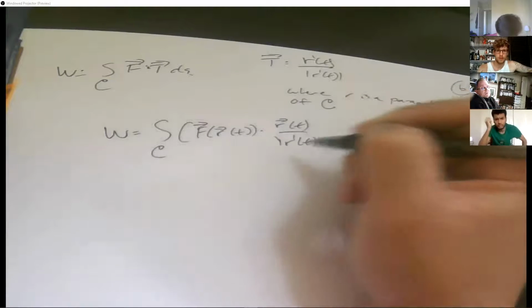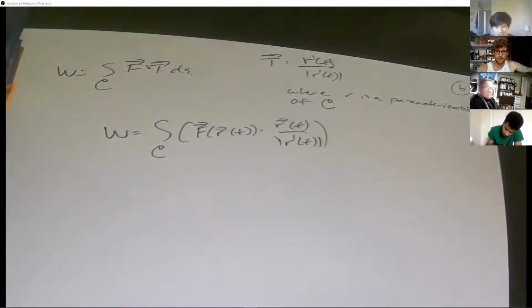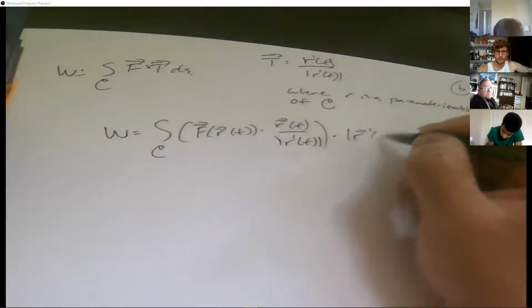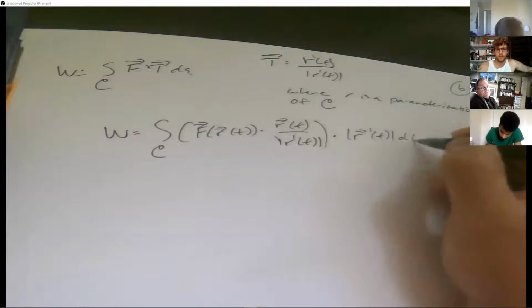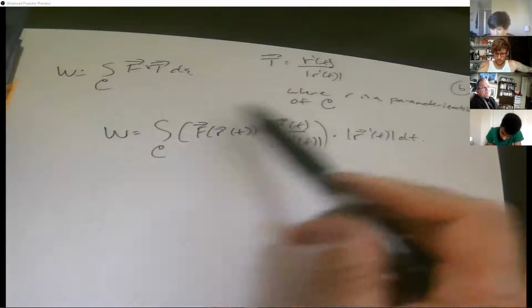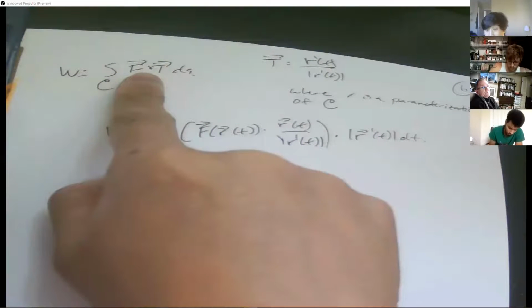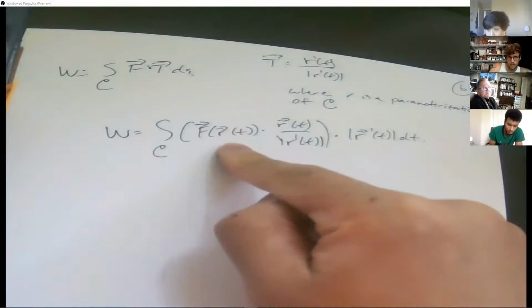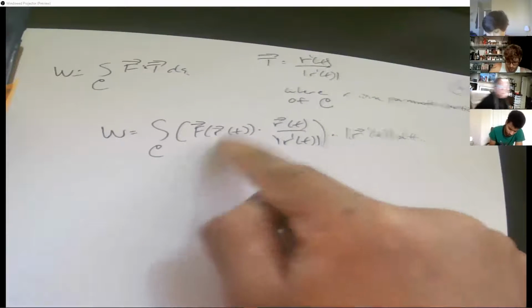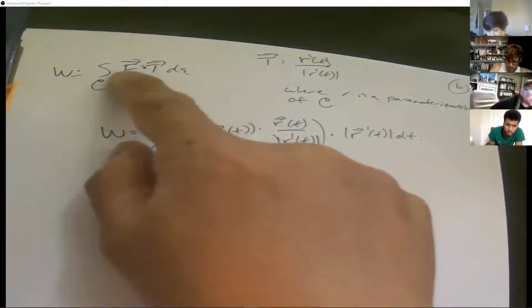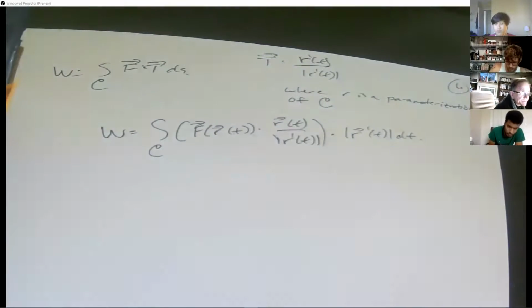This is just a simple substitution, nothing special. This comes from the definition of the line integral we had. How do we compute the line integral? We take the function, evaluate it at the vector r, and then multiply by the length of the derivative. In this case, our function is this entire expression, okay?